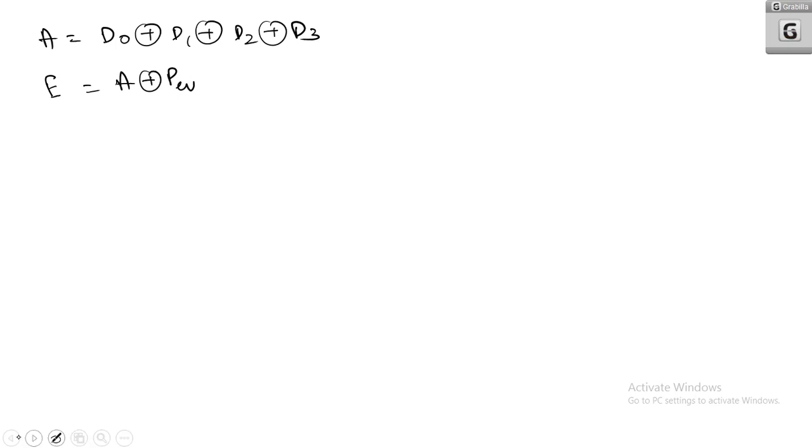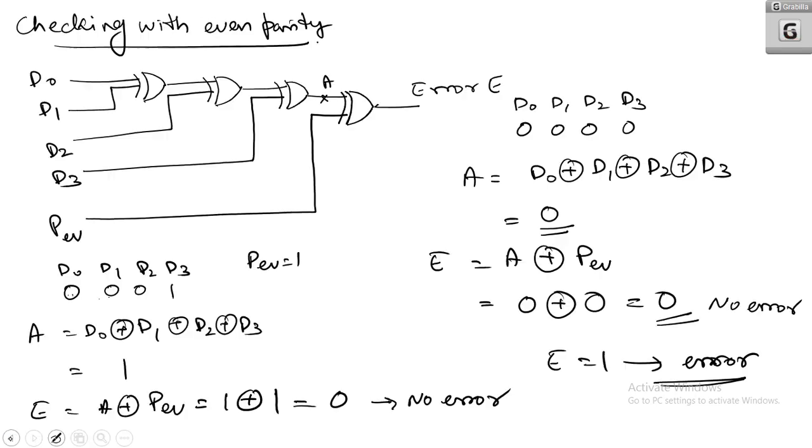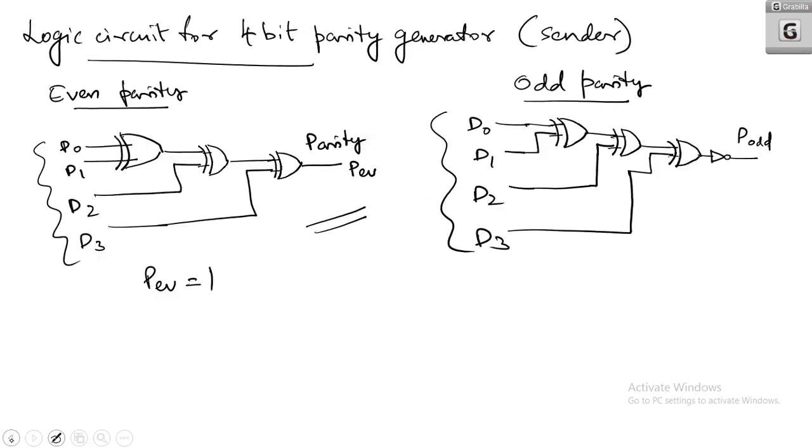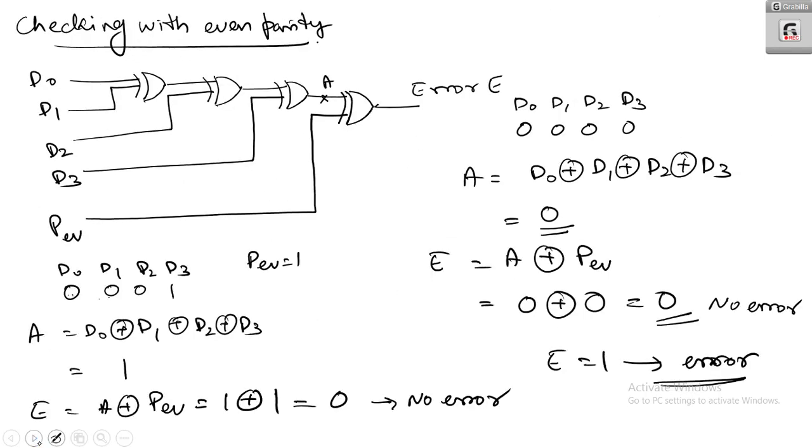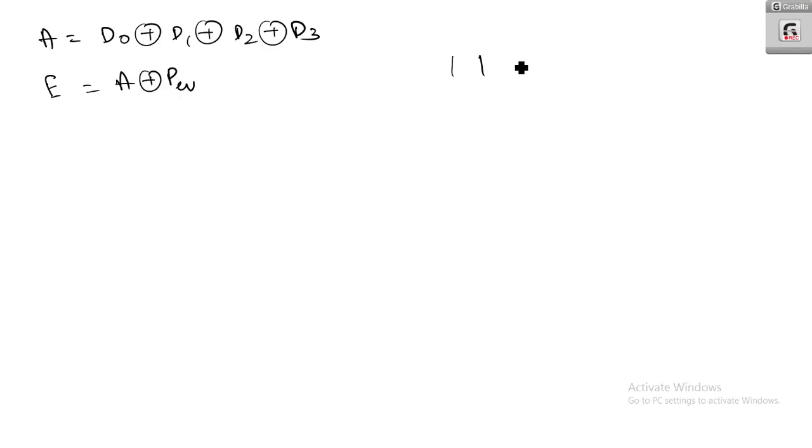So how will you find it? Let us go for a third case, or I will go with a complicated case, that is 1, 1, 1, 0.